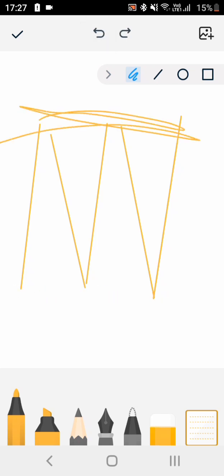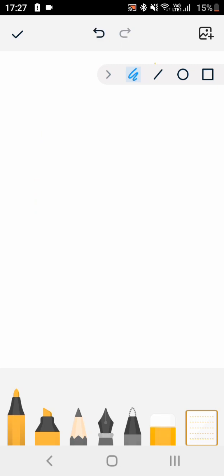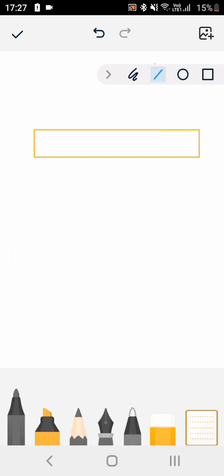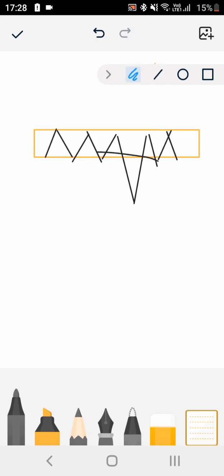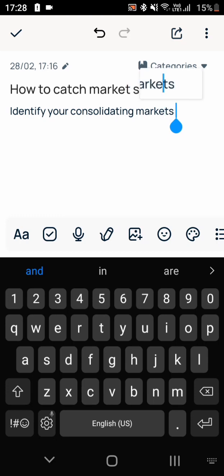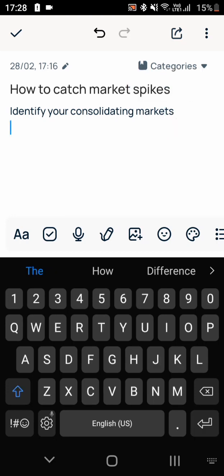So identify this, and then once you're done identifying your ranging market, you must identify the break. A break will look something like this. You must identify a break, guys. Here is the break. So that's the second thing that you need to identify when you're looking to catch the market spikes.